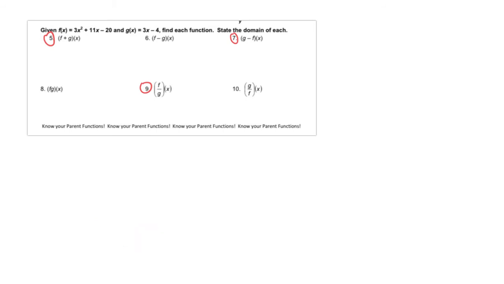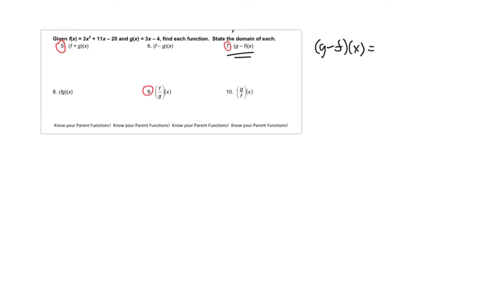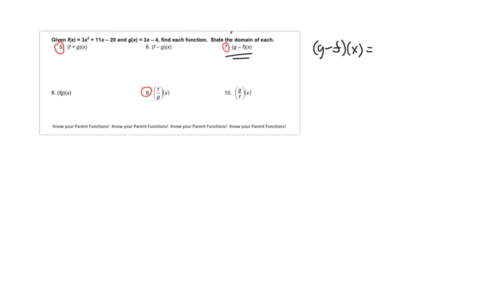Hopefully that makes sense. Looking at problem number 7, I would say that this one's trickier than it looks. Obviously, it is subtraction, no question about that. But when you subtract this stuff, you're going to have to be careful with distributing the negative.